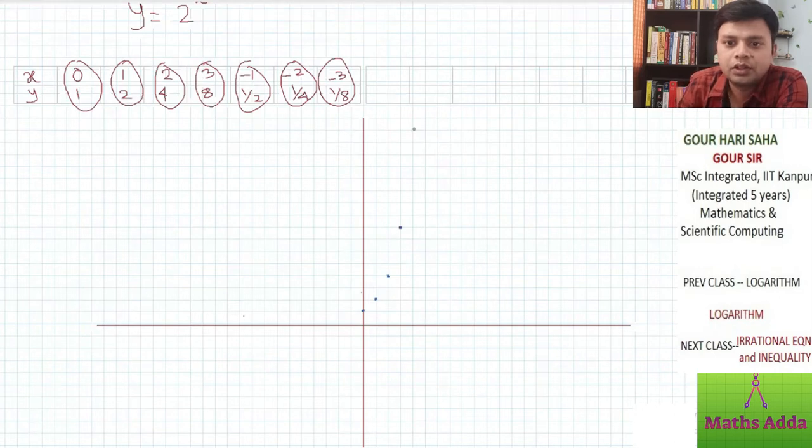X equal to minus 1, it is 1 by 2, so here. X equal to minus 2, it is 1 by 4. X equal to minus 3, 1 by 8. So it's decreasing on this side and increasing very fast on this side. This growth is called exponential growth. Let's connect them smoothly and we will get the curve.